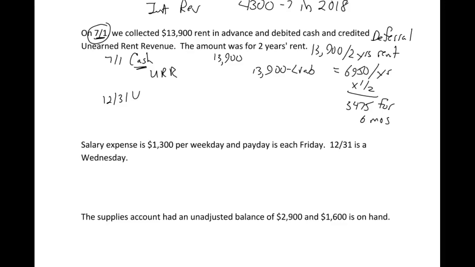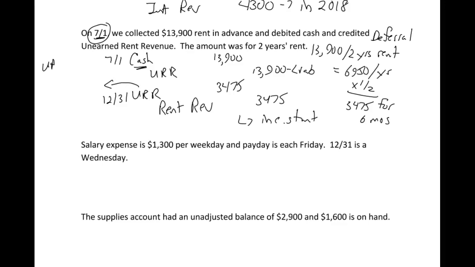After 6 months, we have met 6 months of our obligation, so this is going to reduce the liability. And then instead of unearned, it's now just regular rent revenue. Remember, this will go onto my income statement. And if you think about the unearned account, let's draw a T account over here.